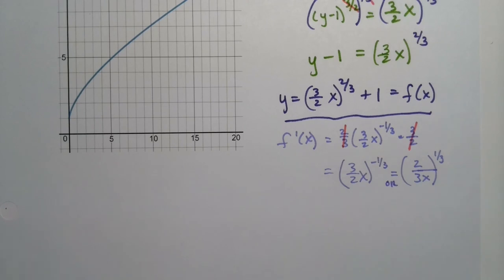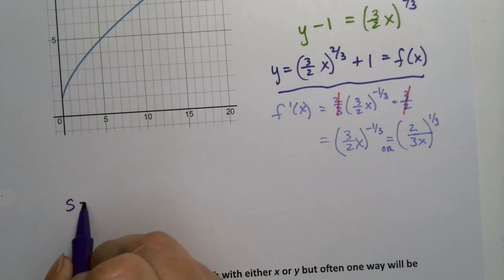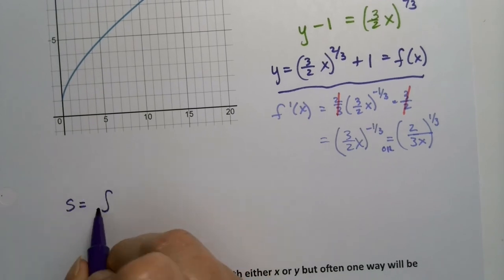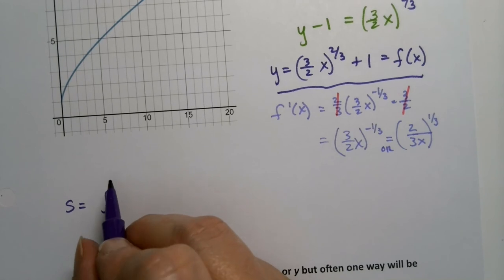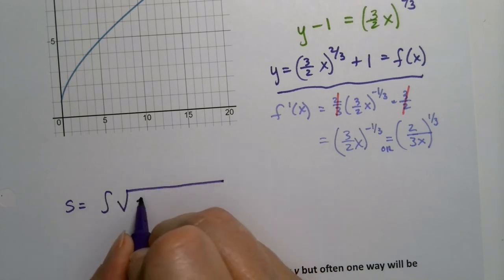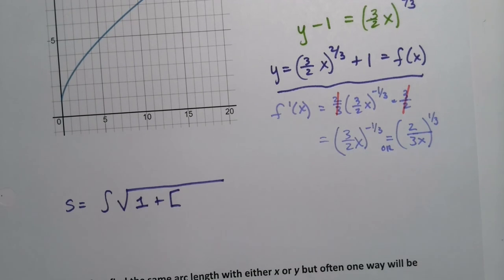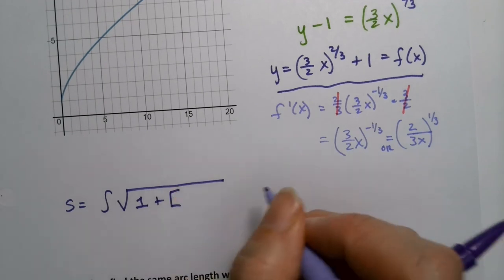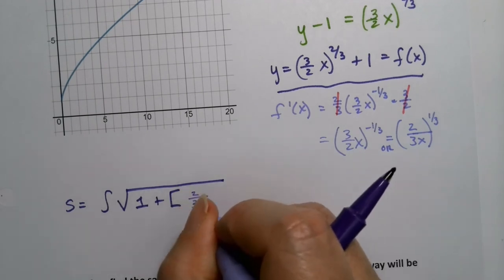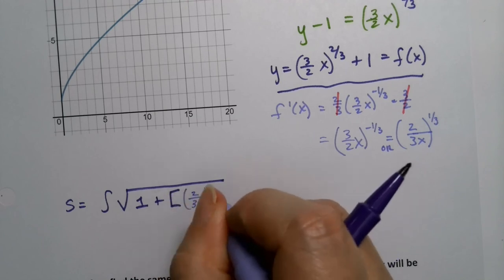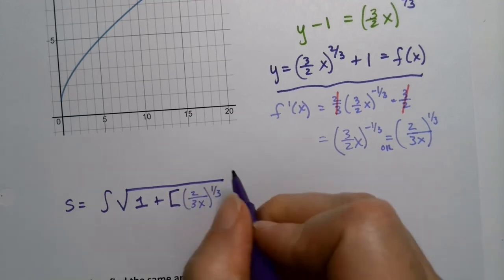Okay, so now let's find the arc length. The arc length would be equal to the integral from something to something, I'll be back for that, of the square root of 1 plus that 2/3x to the 1/3, or if you wanted to use the negative one, it doesn't make any difference.